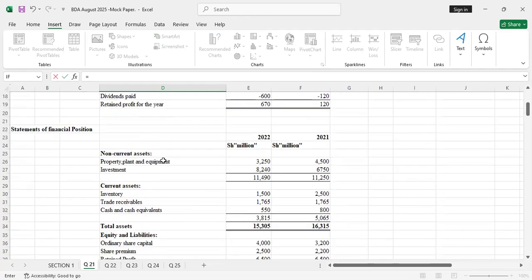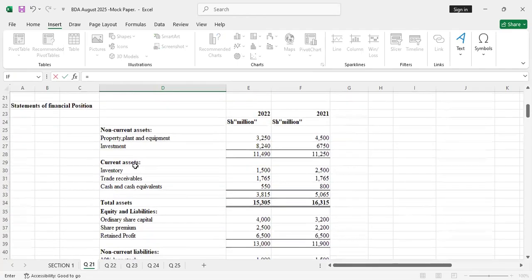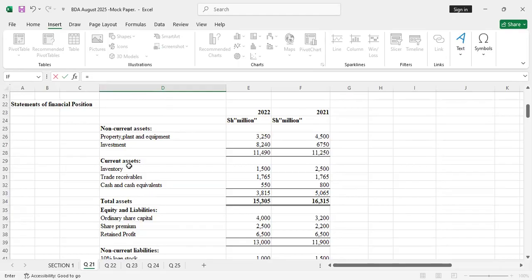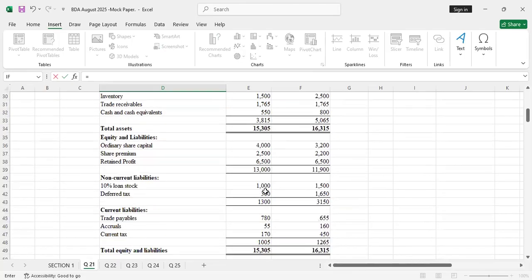So you go to the statement of financial position for 2022. The total for current assets will be inventory, trade receivables, cash and cash equivalents, and when you add these, it will give you 3815. So it was 3850, though the shillings are in millions.